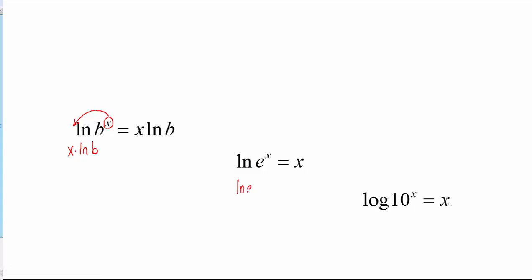Let's see what ln of e to the x is. You can do it two ways. You could say this is log base e, that's what ln stands for, of e to the x. So now I'm asking you which power of the base e will give me the quantity inside the log, which is e to the x.